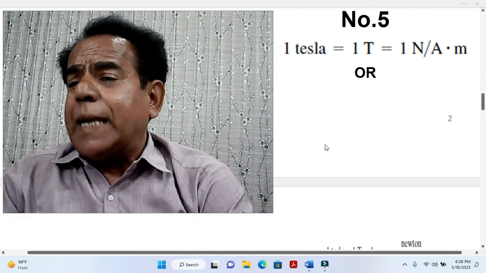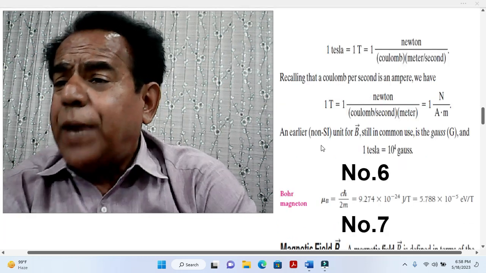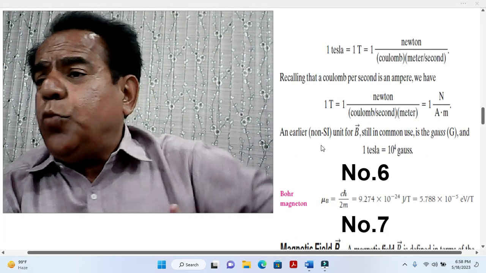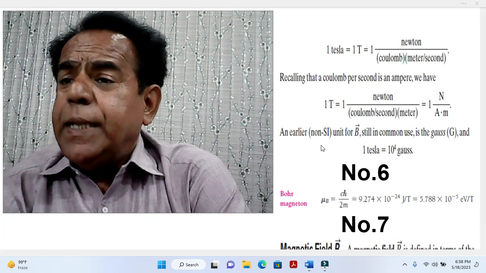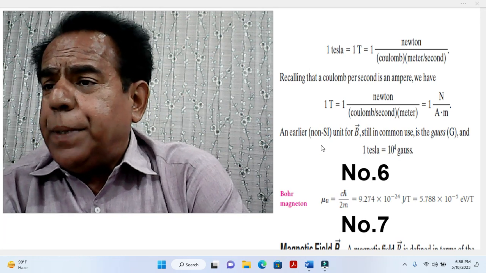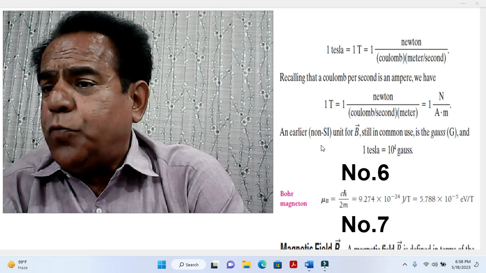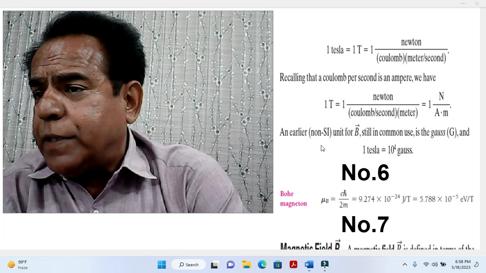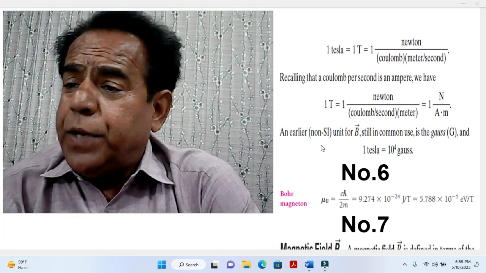Then its second version is given, in which 1 Tesla is equal to 1 Newton over Coulomb into meter over second. Recalling that a Coulomb per second is an ampere, we have 1 Tesla equal to 1 Newton over Coulomb over second into meter, equal to 1 Newton over ampere meter.